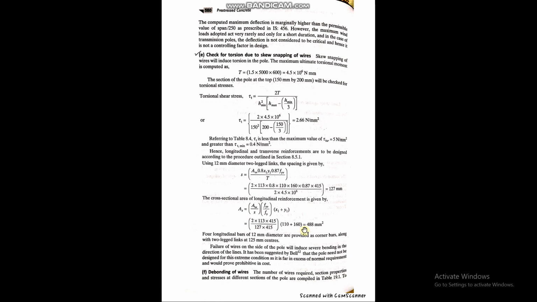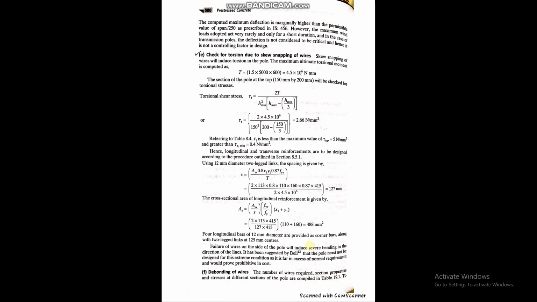In this case, it is coming out to be 488 millimeter square, and by simply providing four longitudinal bars of 12 millimeter diameter at the corners, along with 12 millimeter two-legged stirrups at a spacing of 125 millimeter center to center, will sufficiently take the torsional moment that is coming onto the top of the pole due to the skew snapping of the wires.